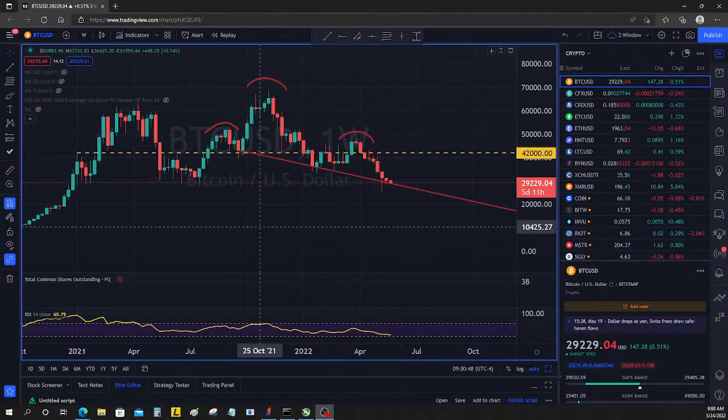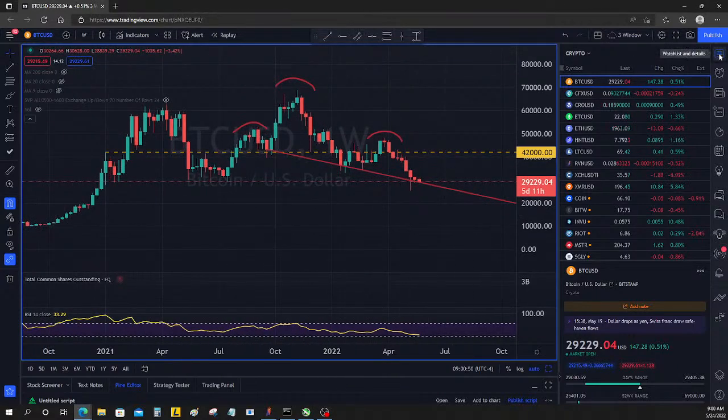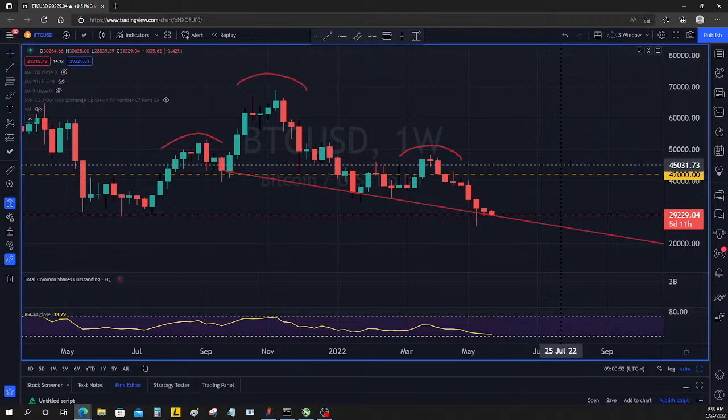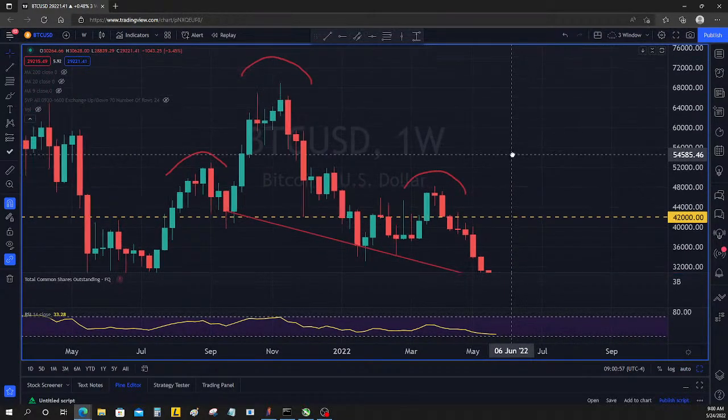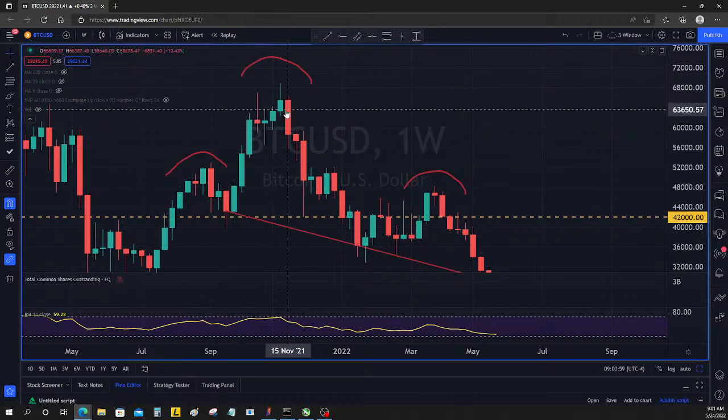All right, so what we have here is the head right here of the head and shoulders. Actually, I'll go ahead and draw this as I'm doing it.